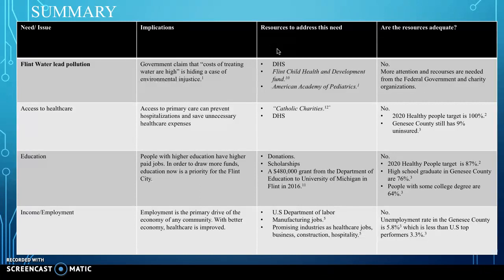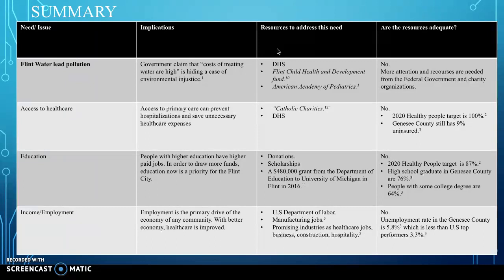Education: people with higher education have higher paid jobs. So in order to draw more funds, education is now a priority for the city of Flint. What are the resources for education? Donations, scholarships, and the Department of Education has granted $480,000 to the University of Michigan-Flint in 2016.